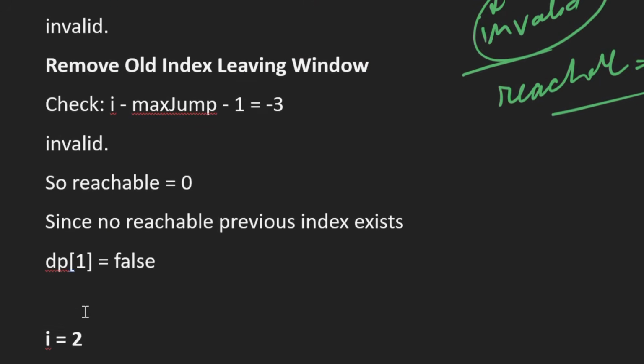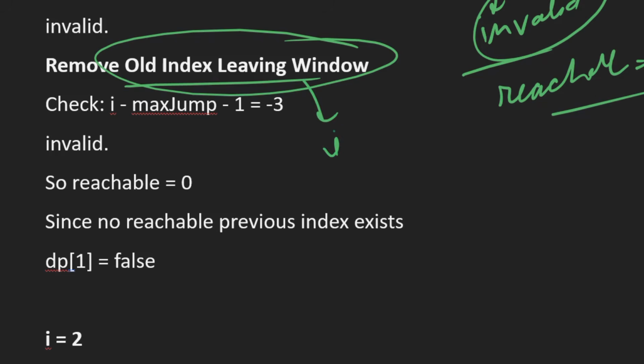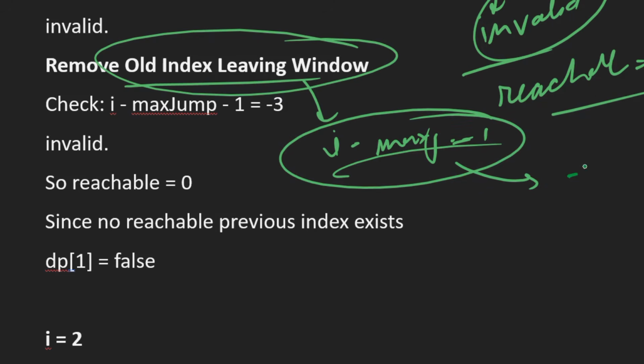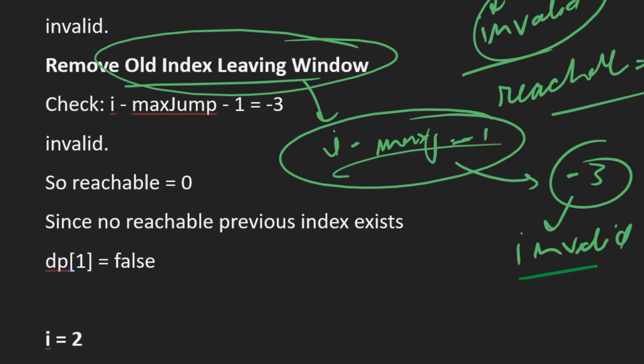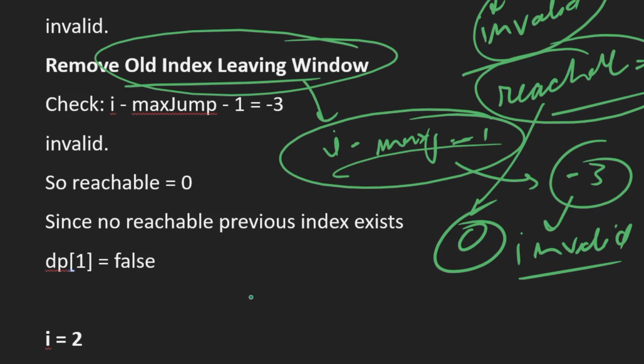Then we have to remove the old index which will be leaving the window, which is I minus max jump minus 1. So this index is leaving the window, which is minus 3. Again it is invalid. So again there is no change in the reachable variable, it is still 0. Now if we have to check for I is equal to 1, our reachable variable is equal to 0.